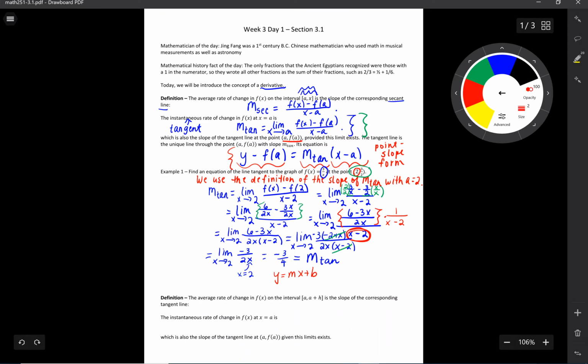So I get 3 halves equals our m, which we just found to be negative 3/4, times x, which is 2, plus b. So this gives me 3 halves is equal to negative 3 halves plus b. So b is equal to 3. So my tangent line is y equals negative 3/4 x plus 3.